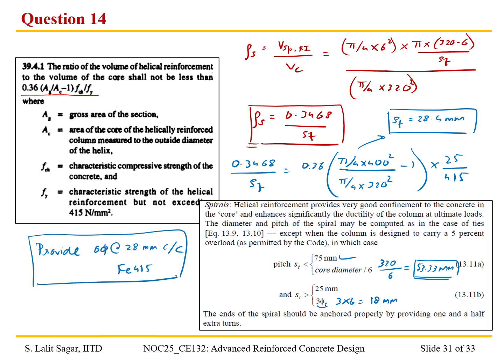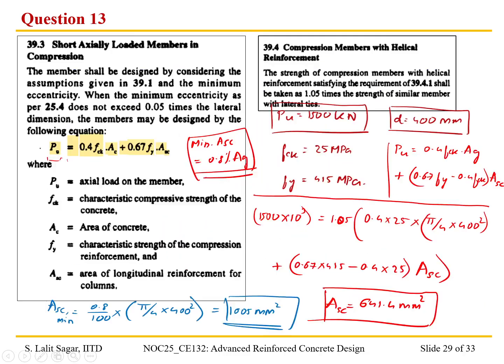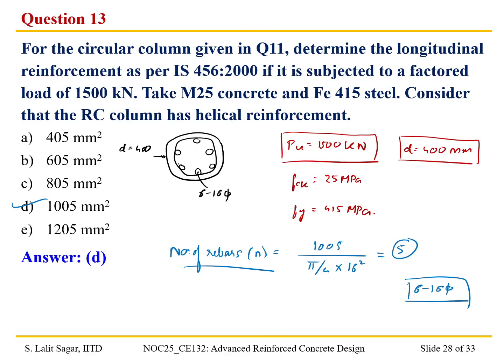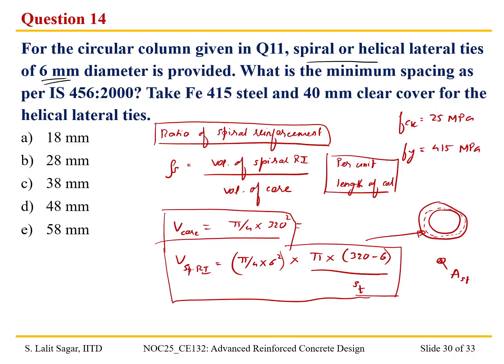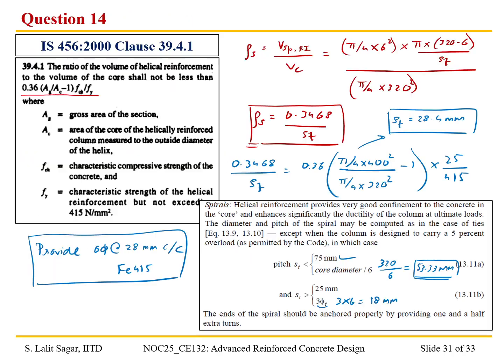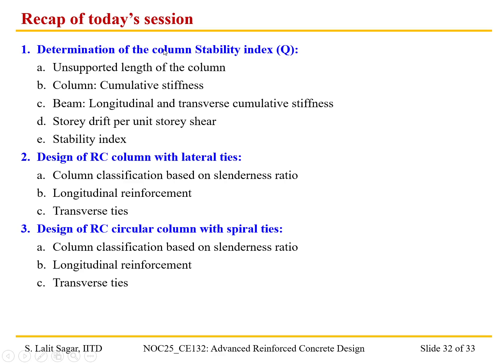We can go back and update our figure here, so we provide 6 mm at 28 center to center. So with that, we have completed the design of the short axially loaded column. So the correct response is option B, that is 28 millimeter. This belongs to clause 39.4.1 of IS 456.